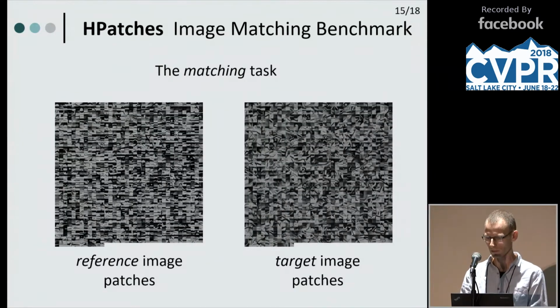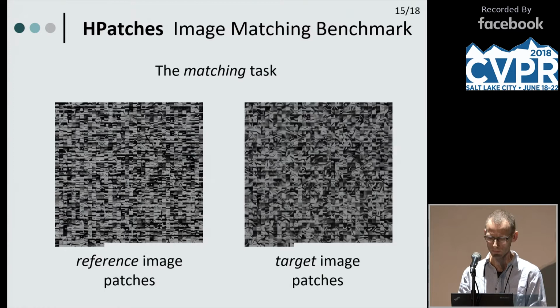And we focus on the image matching benchmark here. So what you see here is the entire collection of patches from a pair of images in this data. The standard thing to do here would be to, for each patch, extract a descriptor, and then for every reference patch, search through the target descriptors using nearest neighbor search for the nearest patches.